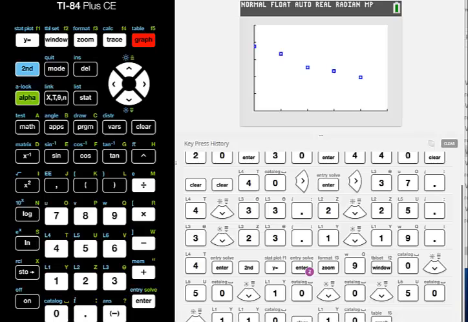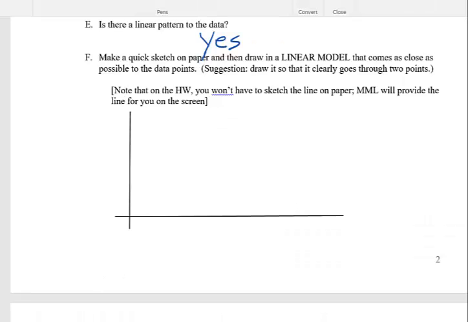Letter F asks us to quickly copy this picture down onto our paper, so let's go ahead and do that. So back on the paper, the first thing I need to do is maybe add a little bit of scale. We had counted by tens, so 10, 20, 30, 40, 50. I'll put a little 10 to remind myself. Same thing on the P axis, 10, 20, 30, 40, 50.